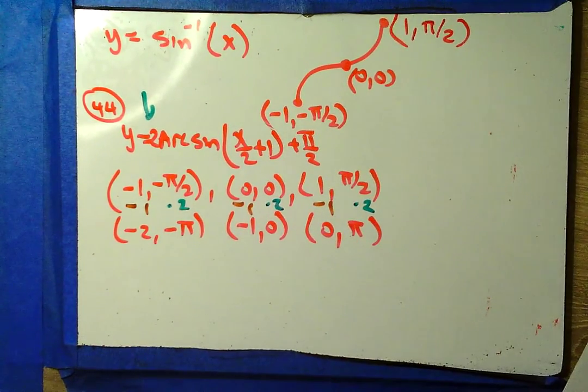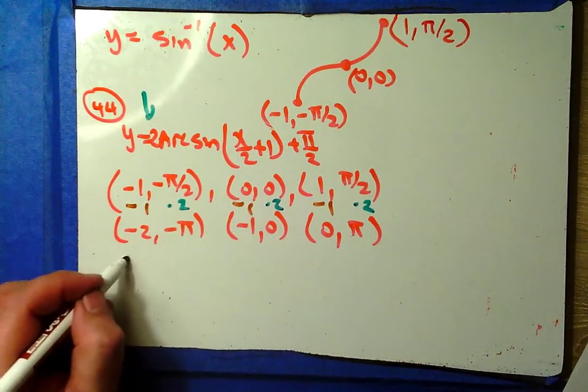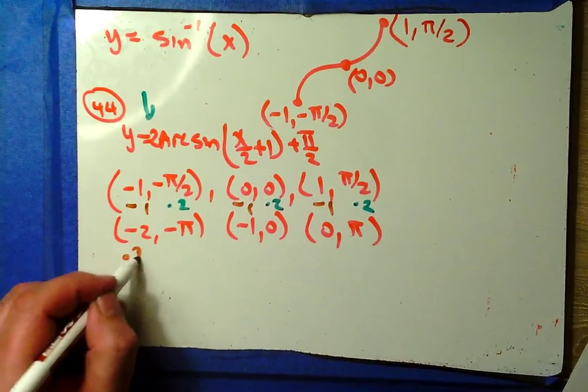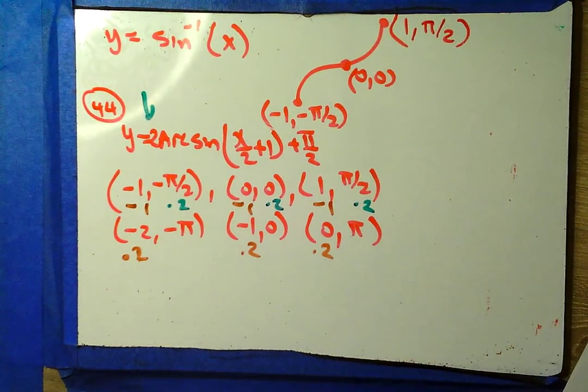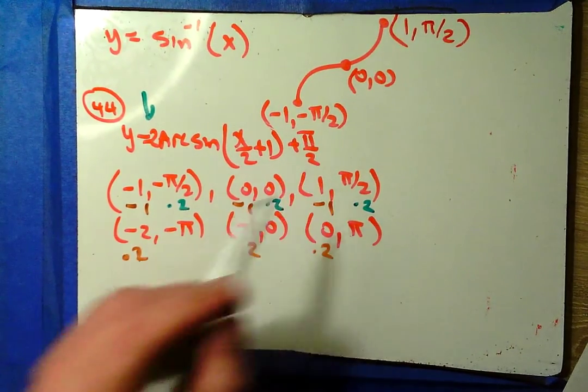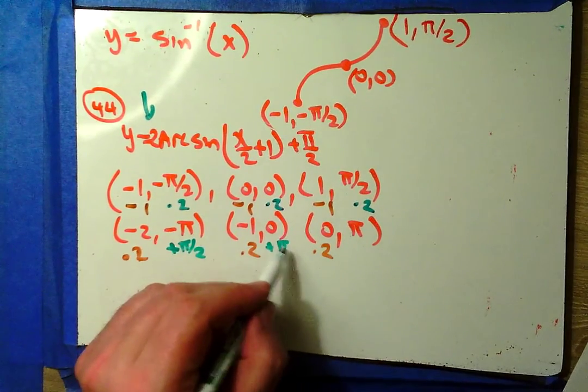I still have two more transformations to do. Here I see this divided by 2, which means I need to multiply all the x's by 2. And here I see a plus pi over 2, so I need to add pi over 2 to all the y values.